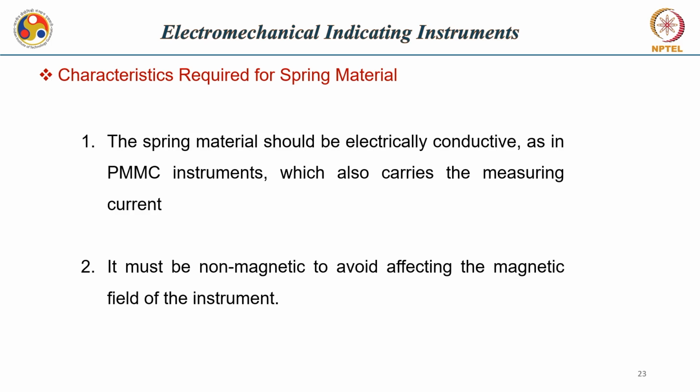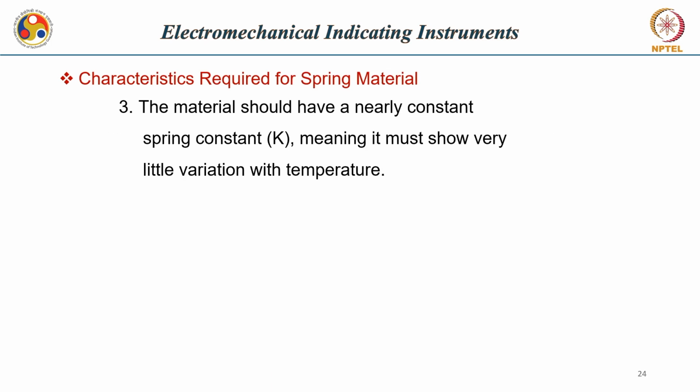Otherwise you may have localized eddy currents which will again oppose the magnetic field already produced. So the two criteria we have just seen are that the spring material should be electrically conductive and non-magnetic. The material should also have a nearly constant spring constant, which is of course a very ideal case, but the deviation should not be very high.